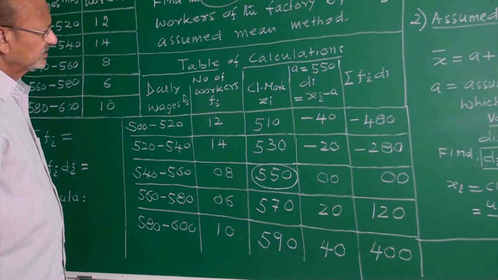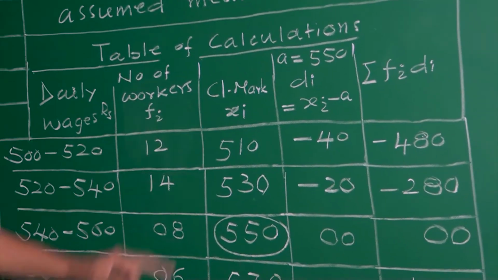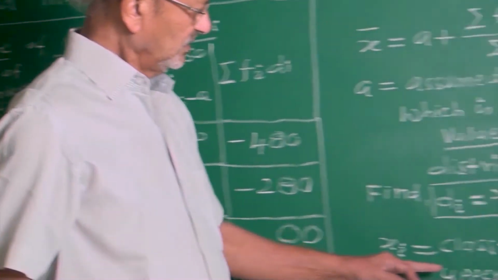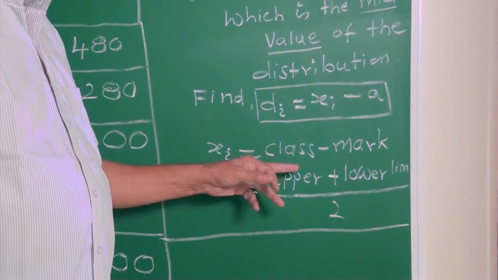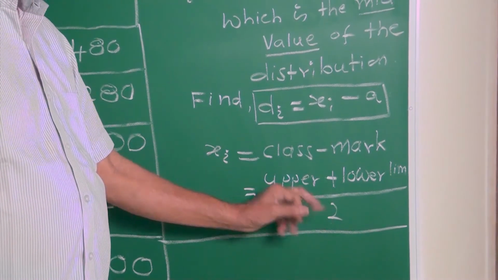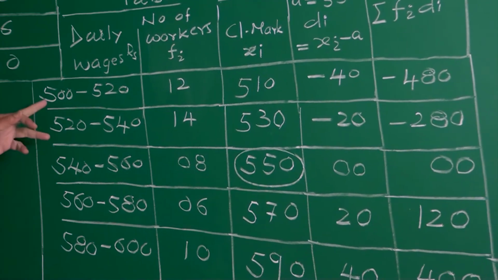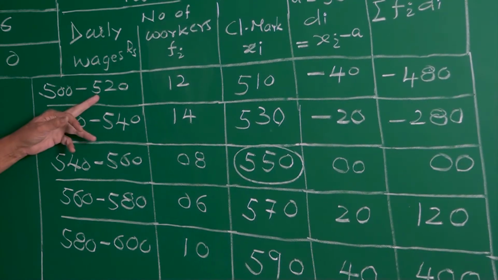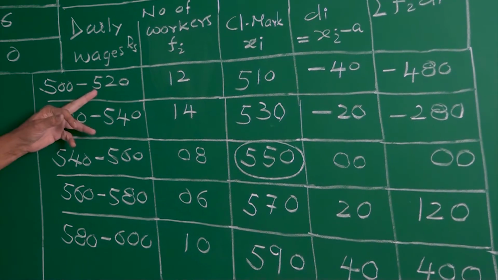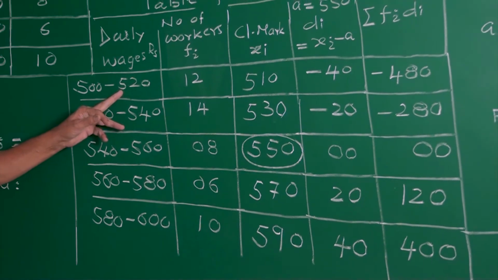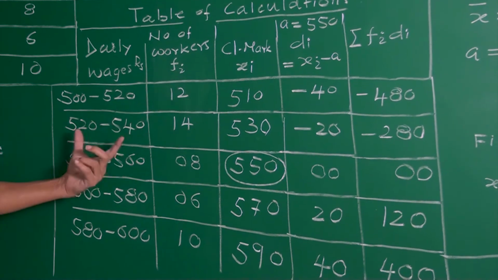Then what is this, my friend? Class mark Xi, which is upper limit plus lower limit divided by 2. Here, upper limit is 520, lower limit is 500. Add them, I get 1020. 1020 divided by 2 is 510.